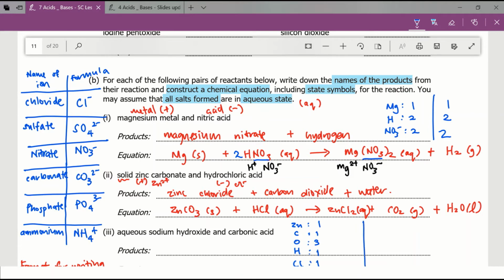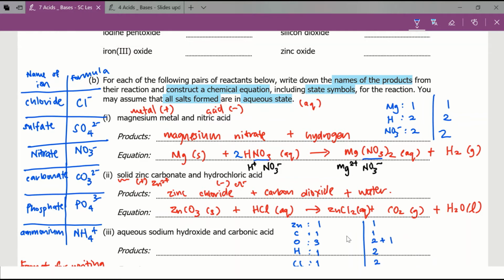On the right hand side, Zn is 1, Cl is 2, then carbon dioxide gives 1 carbon and 2 oxygen, and H2O is 2 hydrogen and 1 more oxygen. When you look across the equation, the things that are not balanced are oxygen, hydrogen, and Cl. Usually we leave oxygen and hydrogen to be the last that we balance, because they are present in many of the chemicals.